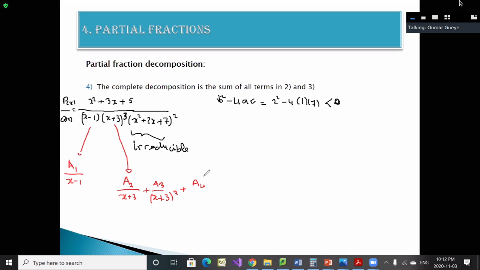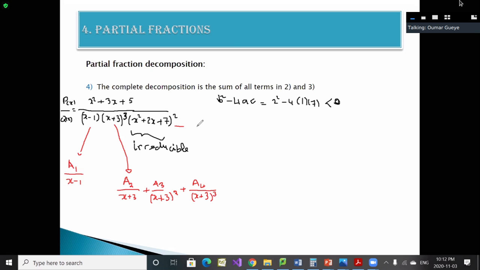I can use A, B, C, D. It's up to you. You don't have to worry about how we name our variables. You can use any letter. And the denominator is x plus 3 to the power 3. You stop here because it's repeated only 3 times. You cannot add the power 4. You stop at power 3 because it is repeated 3 times.